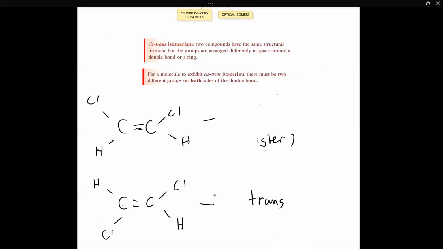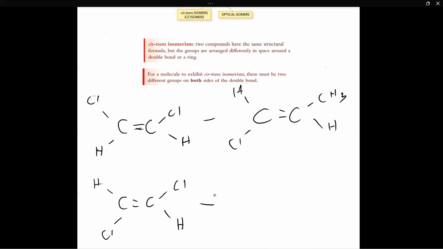So again, if I showed you a molecule like this, I'm going to give you 2 seconds to guess if this is a cis or trans molecule. And you may have guessed it. This is a trans molecule because the groups are on different sides, right? One is below and the other one is above.